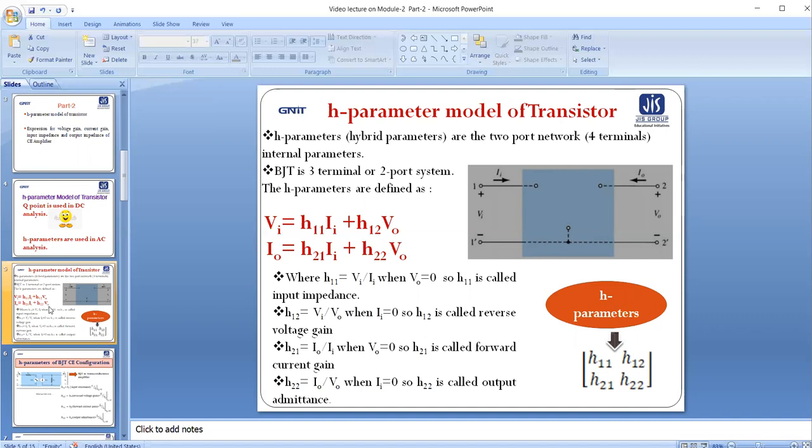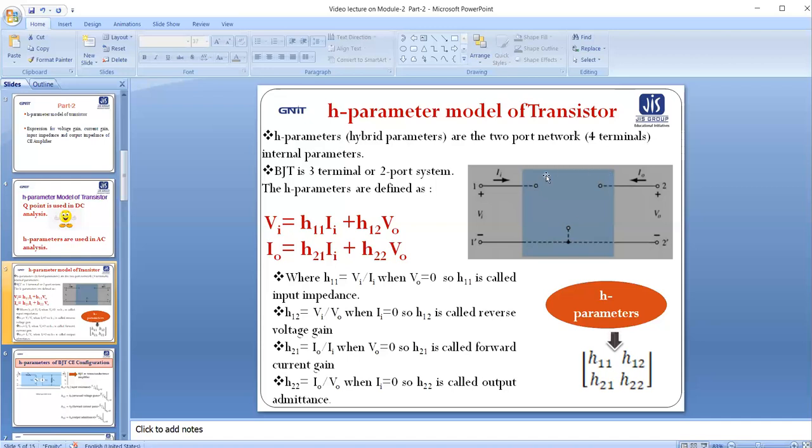So the input terminals are designated as base and emitter, whereas the output terminals are designated as collector and emitter. Thus the BJT will become a two-port network, just like the picture shown on the right hand side of the slide.